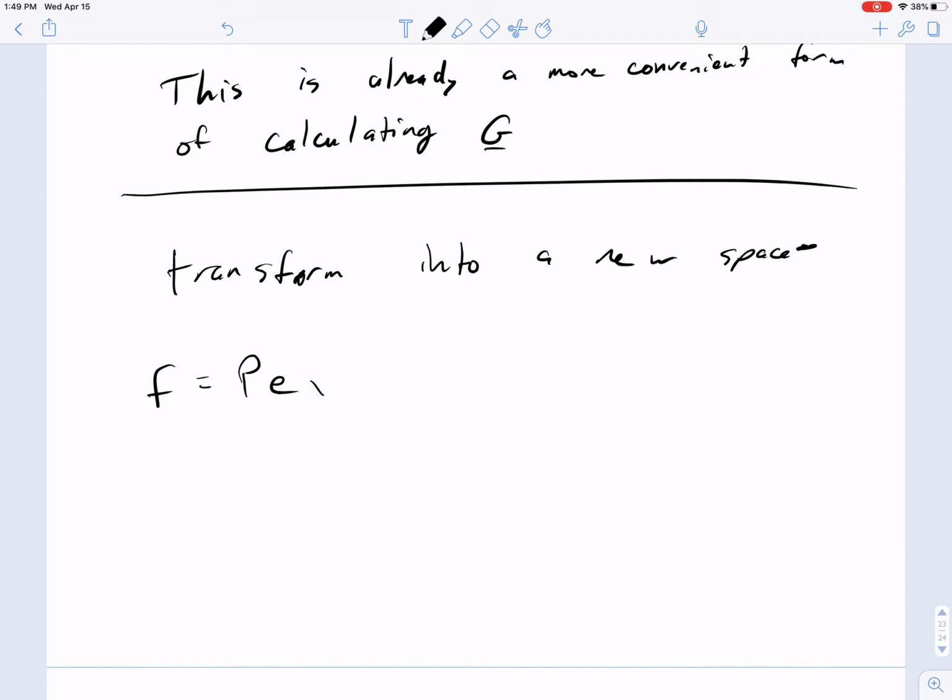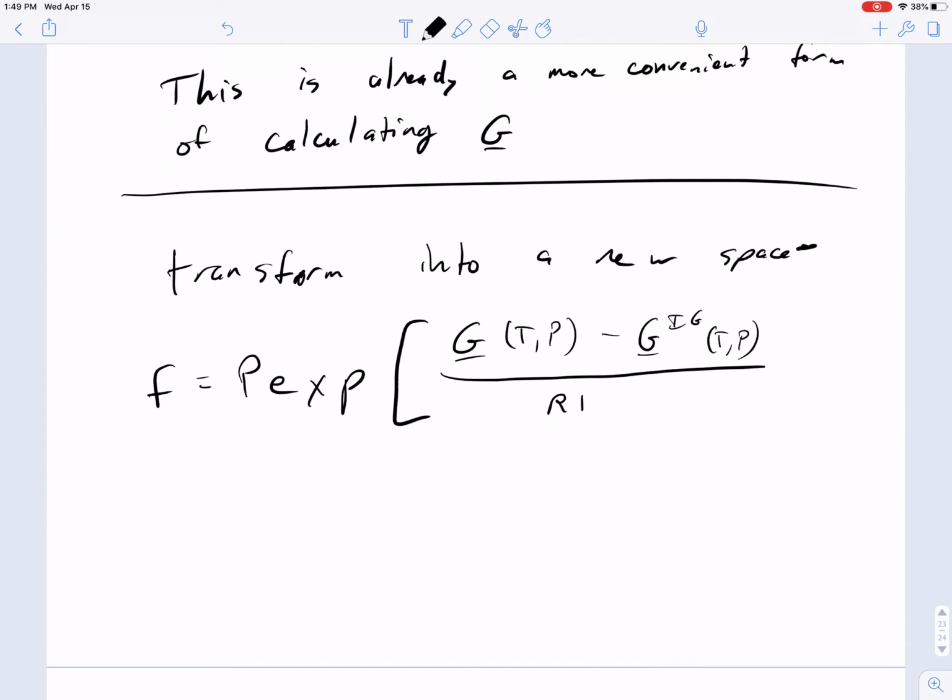And so it's the pressure times the exponential of the Gibbs free energy of your real material minus the molar Gibbs free energy of your ideal gas, temperature, and pressure, all divided by RT.